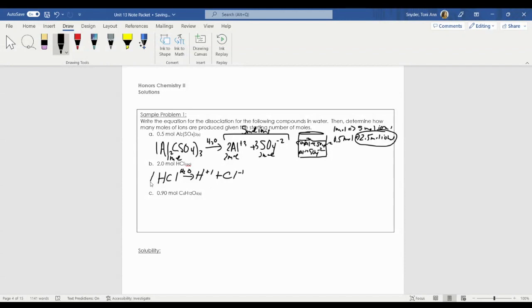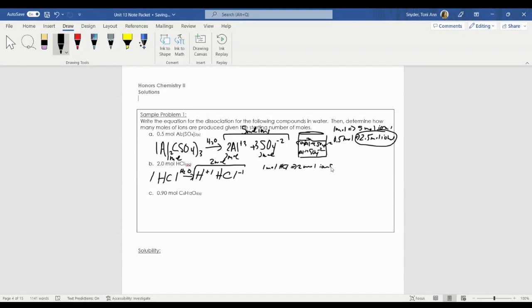So it looks like 1 mole of hydrochloric acid produces 1 mole of hydrogen ions and 1 mole of chloride ions. So if I consider what's the total number of moles, it would be 2 moles. 1 mole of HCl produces 2 moles of ions.